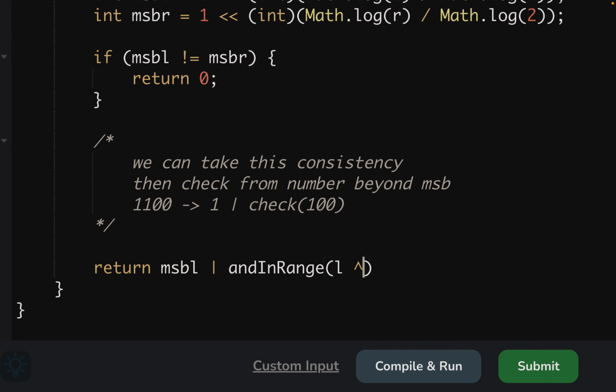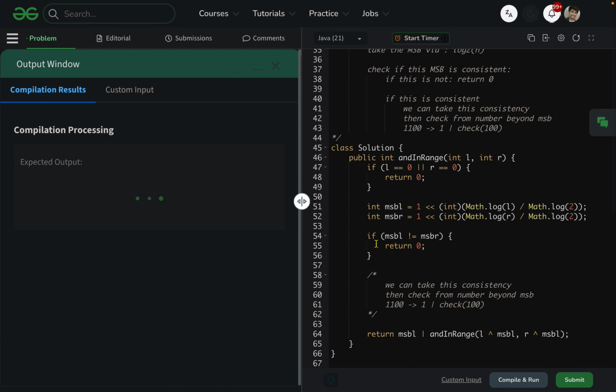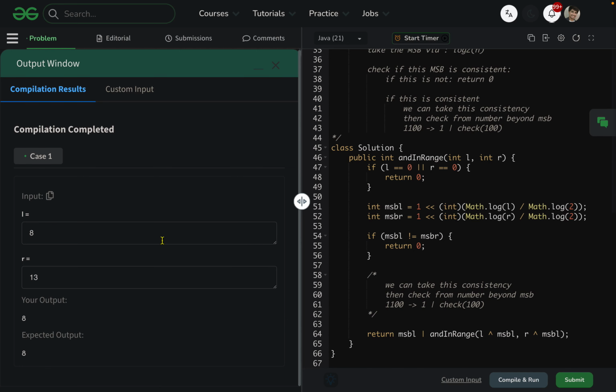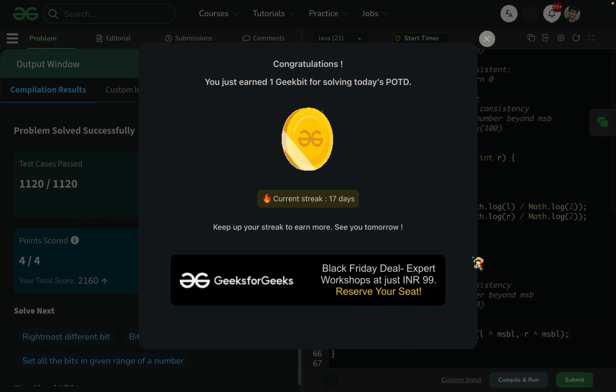So L XOR MSB L, along with R XOR MSB L or MSB R, anything you want. At this moment both are the same. So that's it. Let's compile it to see if we have any compiler errors. It seems none so far. Let's submit this code to check whether this logic is consistent.